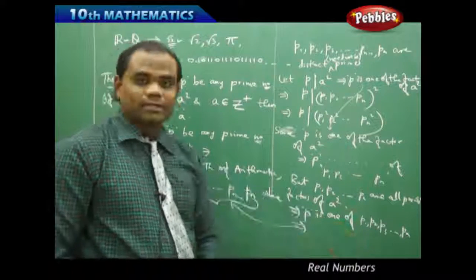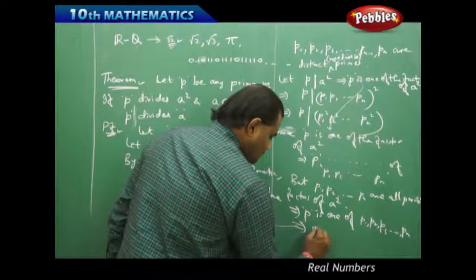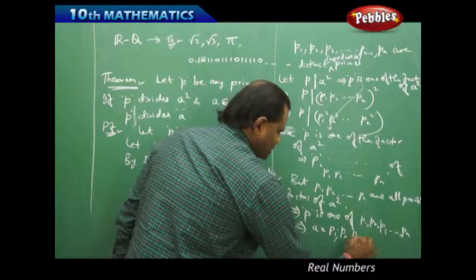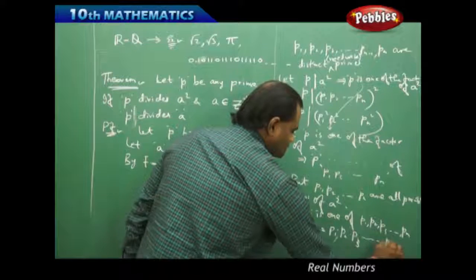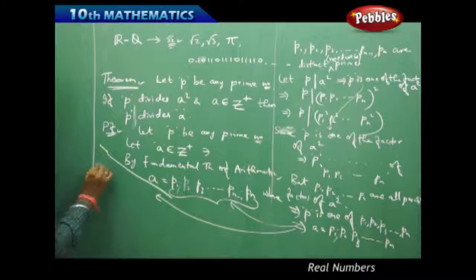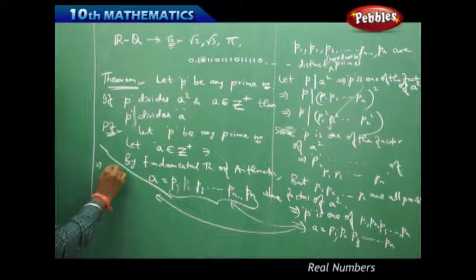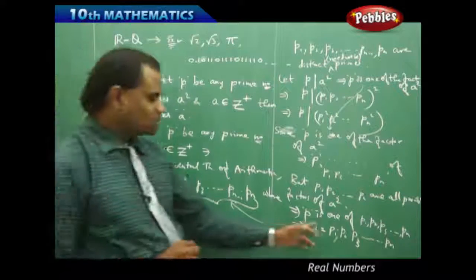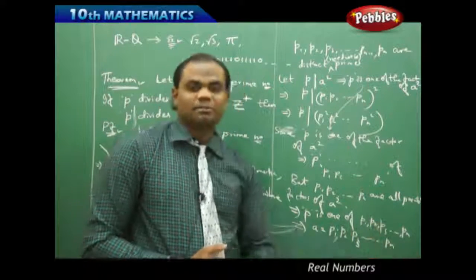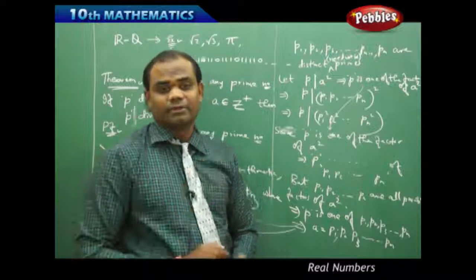So P is one of these, which implies a equals p1 times p2 times p3 and so on till pn, and that P clearly divides a, because P is one of p1, p2, p3, so it must lie somewhere between p1 and pn.